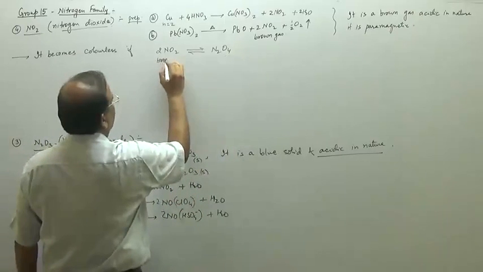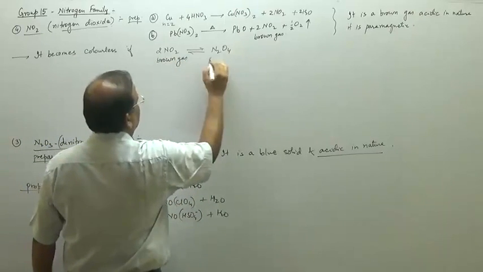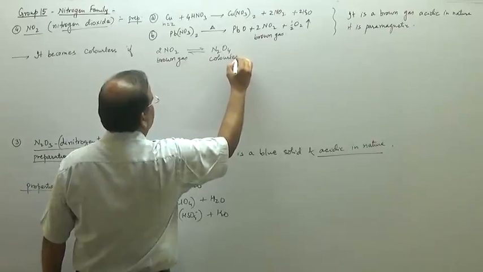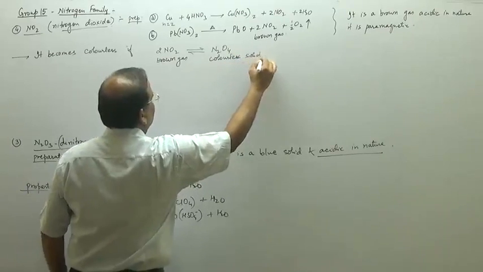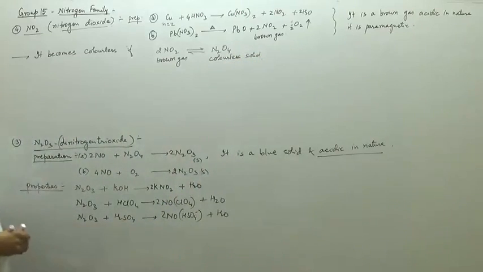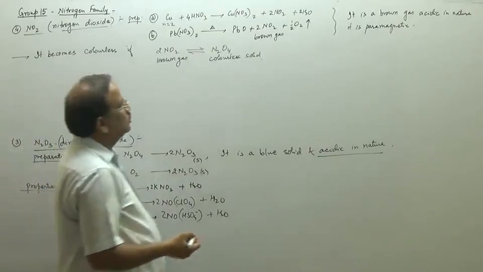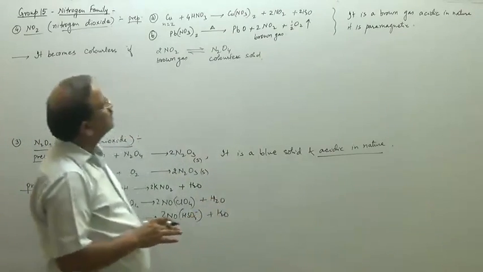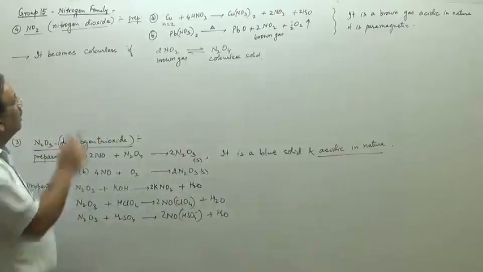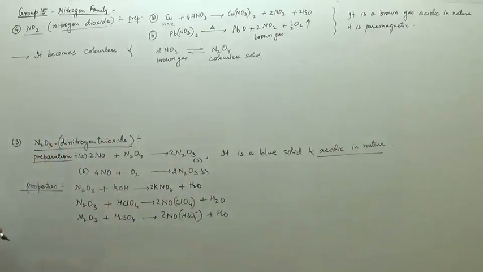So this is a brown gas and this is a colorless solid. It becomes colorless when it is getting solidified at room temperature. So that is a colorless solid. This is how we can discuss nitrogen dioxide.